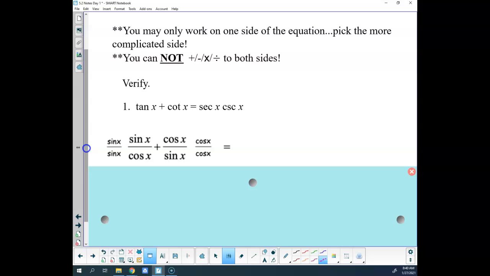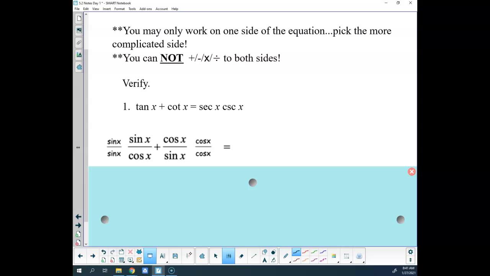So, first step, we change tangent to sine over cosine, and we change cotangent to cosine over sine. Then what you could do is get your common denominator.